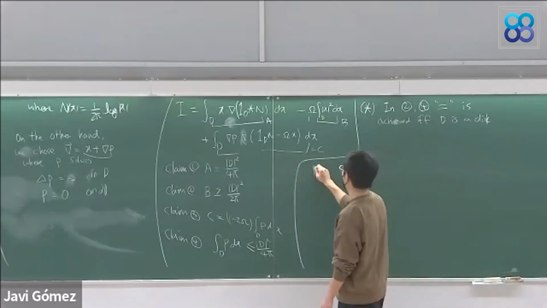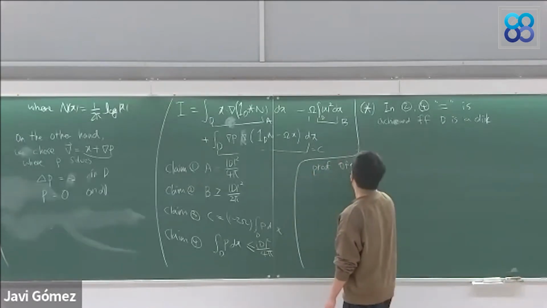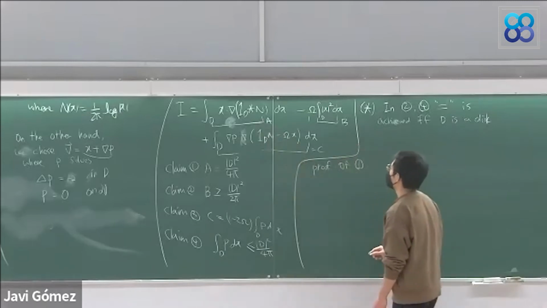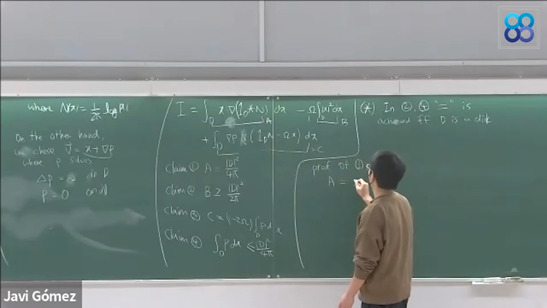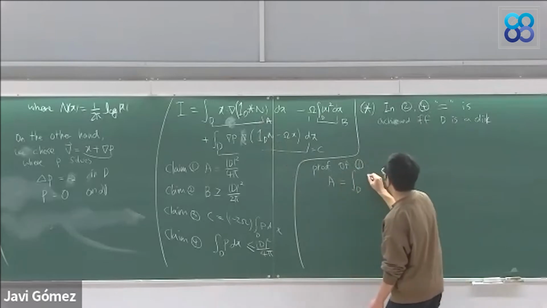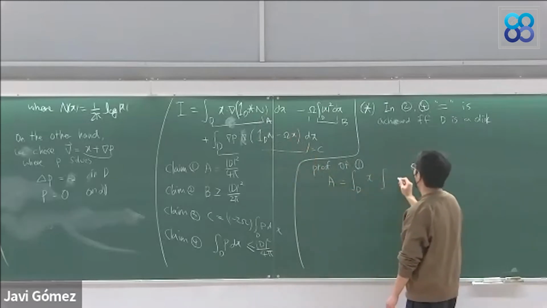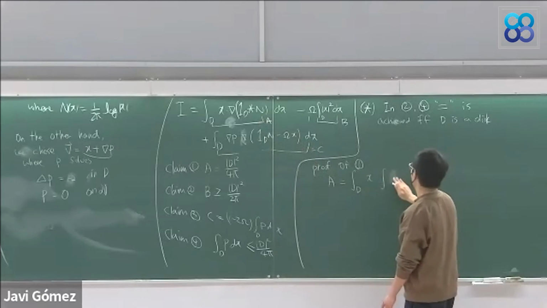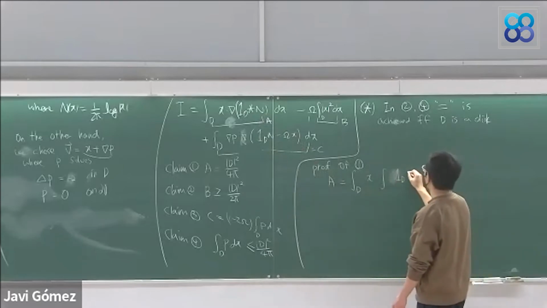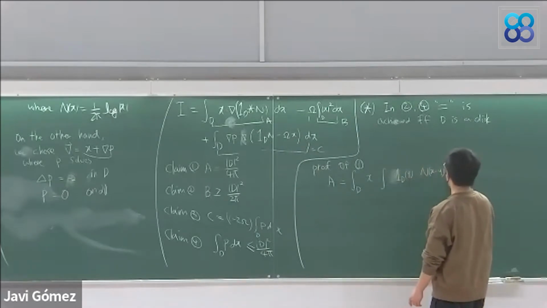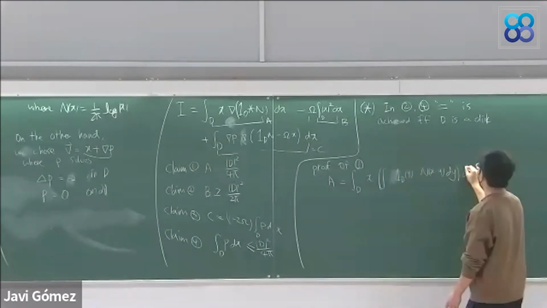So for this part, let's rewrite the integral as x times the convolution with the gradient of N, which is the integral over y of the gradient of N of x minus y.